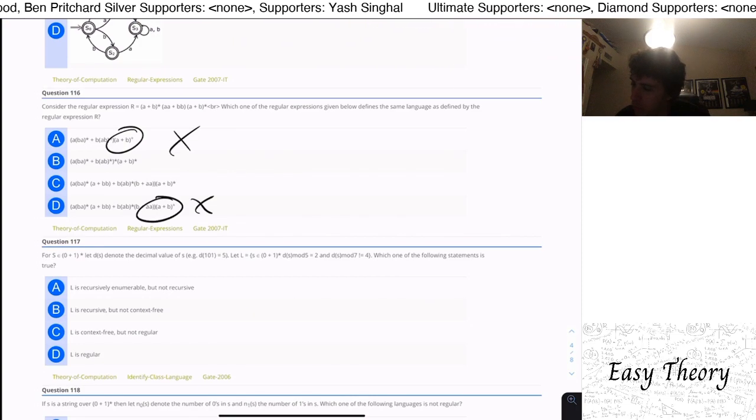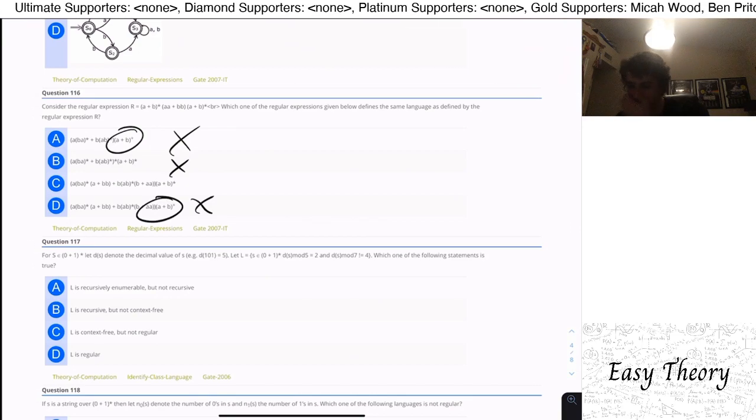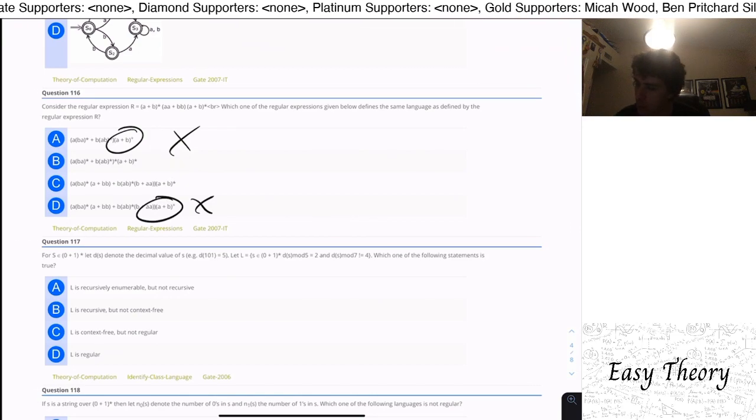Same thing for this one, won't work. This one won't work because it doesn't have an A, or a B in here, I don't think. Oh, wait, no, it can. Never mind. That's not right.